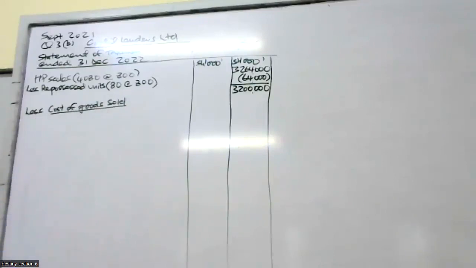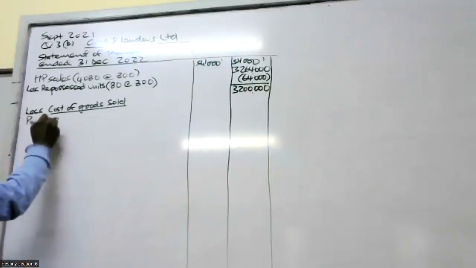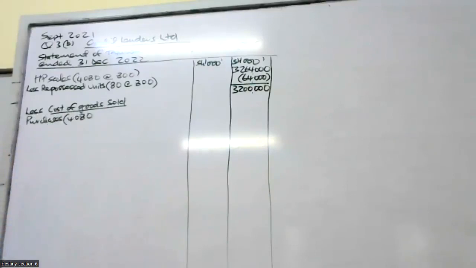We are not given opening stock, but we'll assume that the 4,080 that were sold are the same that were purchased, so we can bring in purchases of the same units, 4,080. We've been given the purchase price in note 1.